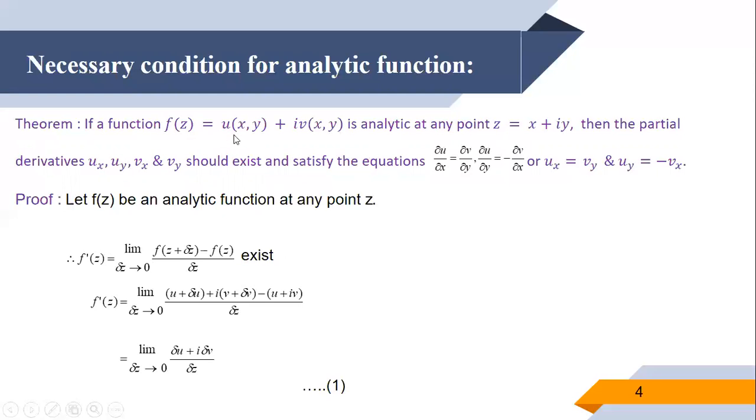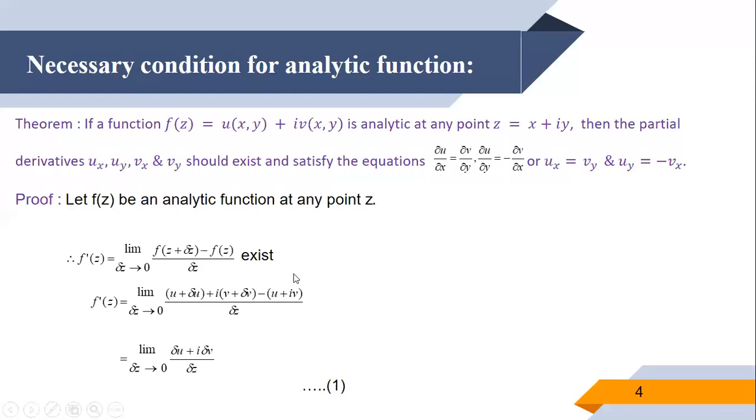Now here given that f of z is u plus iv. So we write f of z plus delta z is equal to u plus delta u plus i times v plus delta v. That means z is u plus iv, and delta z is delta u plus i delta v. In the numerator, u plus delta u plus iv plus i delta v minus u minus iv.